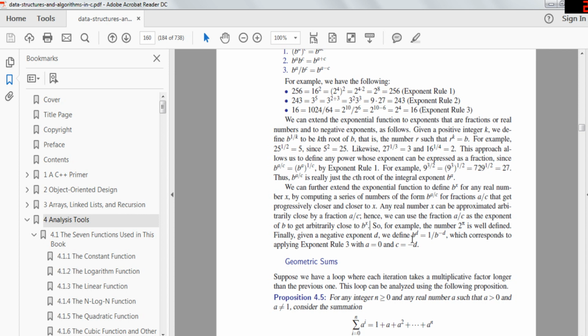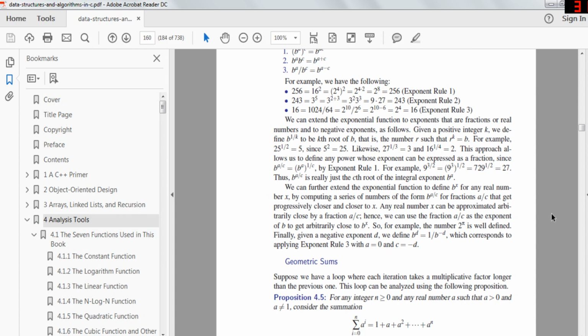That's actually what it is. So b to the negative 2 power is actually equal to 1 over b to the 2nd power. Think about that. That's what this is representing, which corresponds to exponent rule 3 if you set a equal to 0 and c equal to negative d.